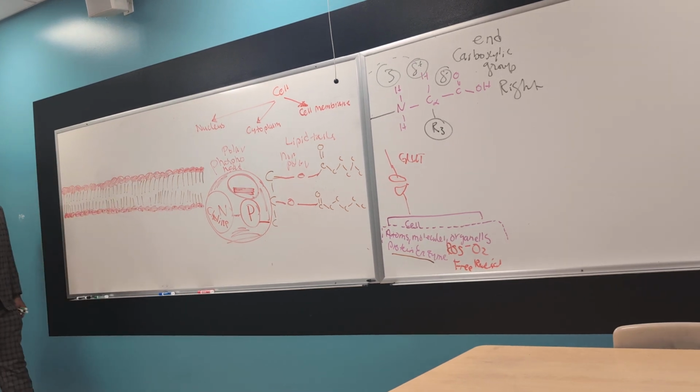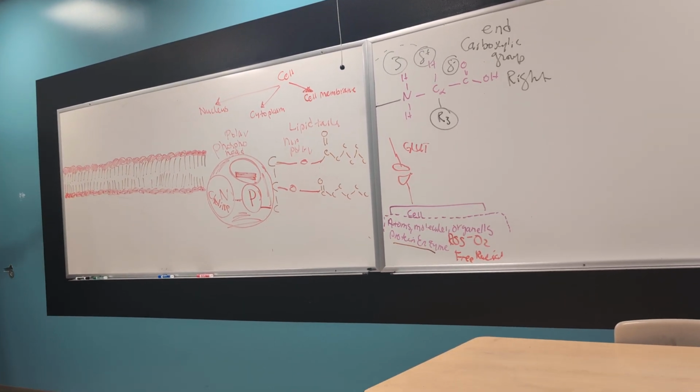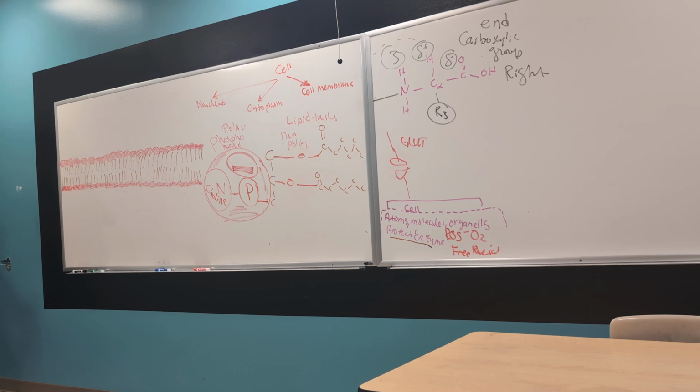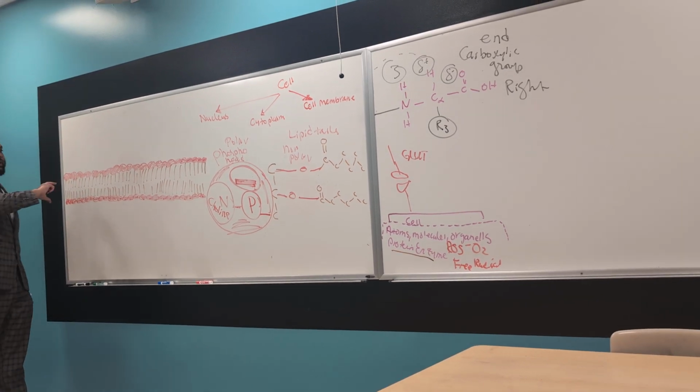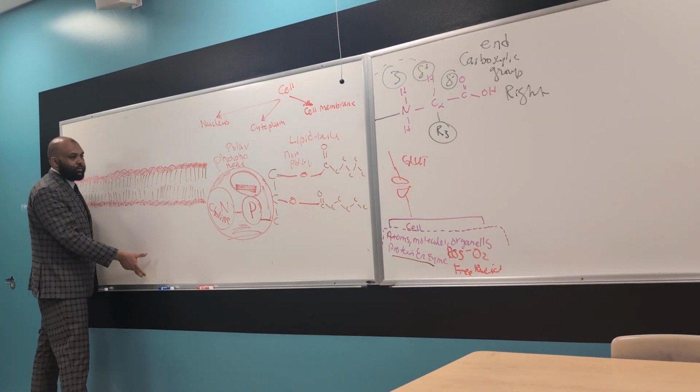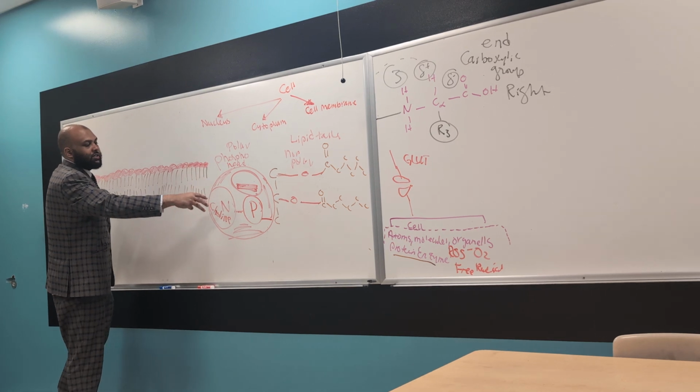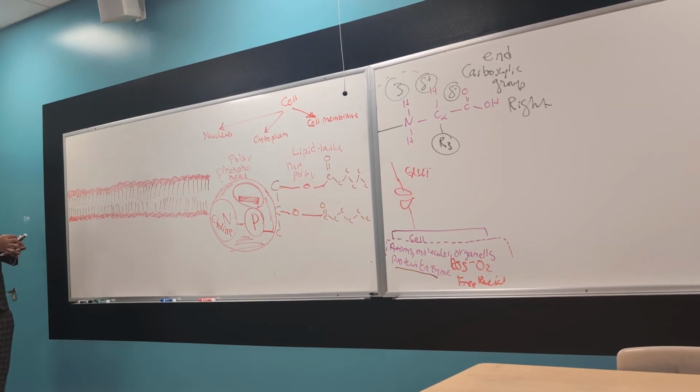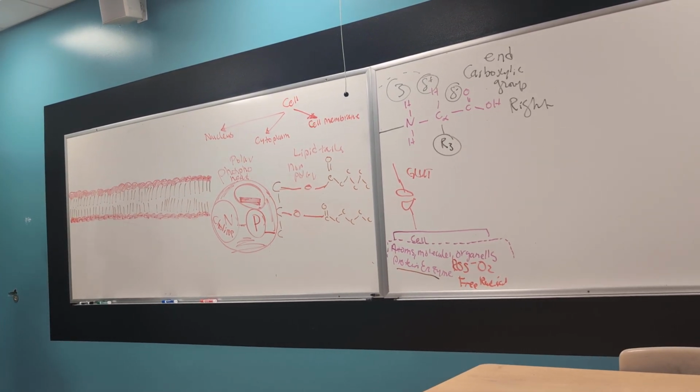Okay, are we good? So this is our phospholipid bilayer, and it encircles the cell all around. The red part is the phosphate head, and the two tails are the hydrocarbons.